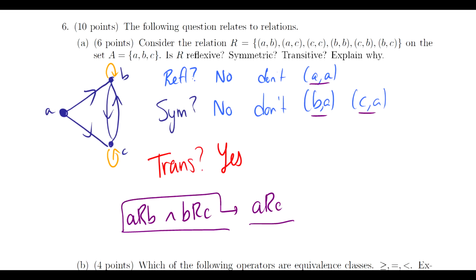All the situations where the antecedent does not exist, it's still true. So although, what about C to C and C to A? Then we need C to A, but we don't have C to A, so we don't need to worry about it. So I expect 4 to 6 on this. The transitivity might have been tricky.